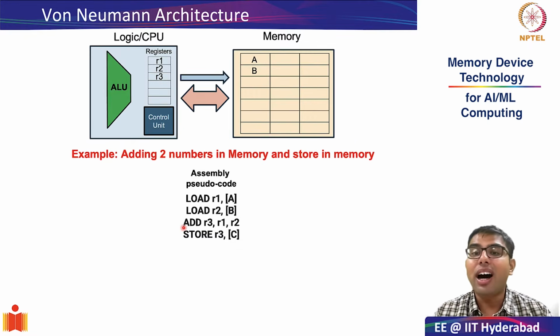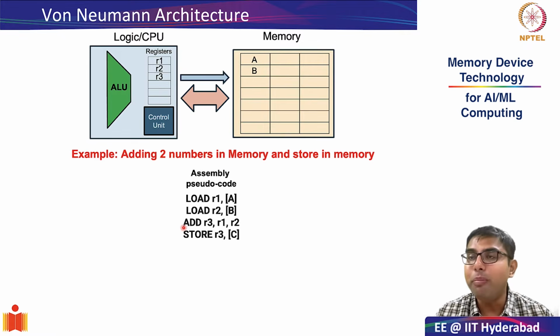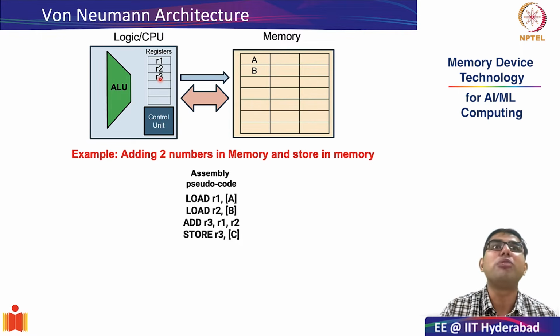Next is add R3, R1, R2. This simply means whatever numbers are in R1 and R2 will get added in the arithmetic logic unit, and the result will be stored in R3. Now there is a small technicality here: considering this is a 32-bit processor, the addition of two 32-bit numbers may not necessarily be 32 bits, it might be more. But we are not going into the complications of that situation.